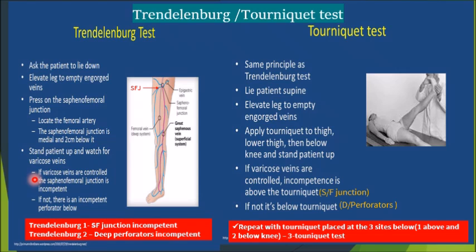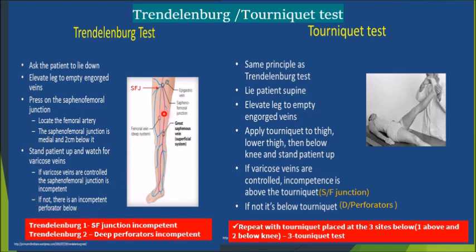Okay, by pressing on it, it controls the prominence of the veins. Therefore, it indicates that the SF junction is incompetent. If not, there is an incompetent perforator below it.